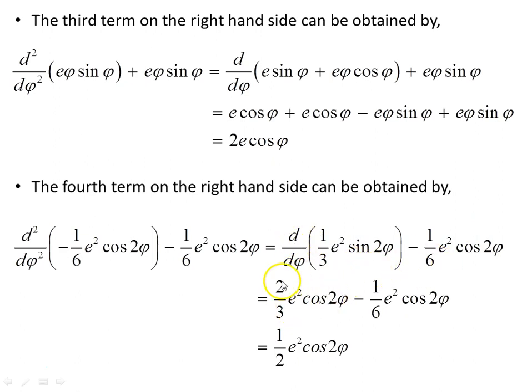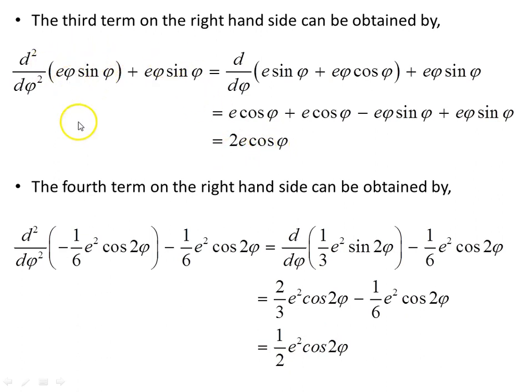Differentiating again, we get 2/3 e squared cos 2 phi minus 1/6 e squared cos 2 phi. This can be written as 4/6 minus 1/6, which gives us 3/6, which is a half. So we have a half e squared cos 2 phi, and that was the fourth term on the right-hand side. The third term was the one before, and the two terms before that were just constants.